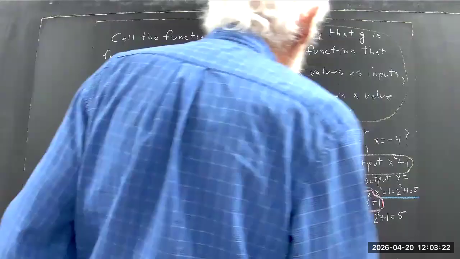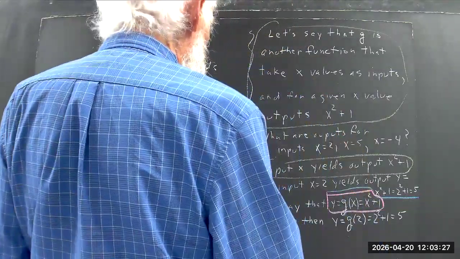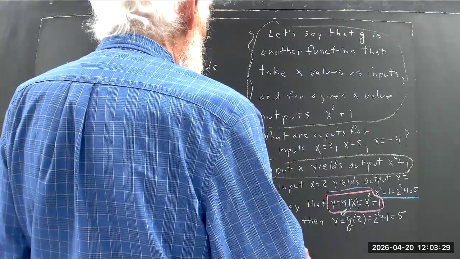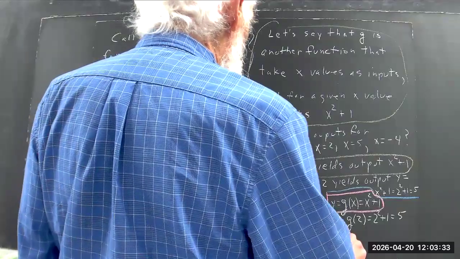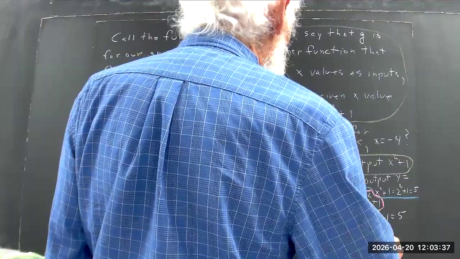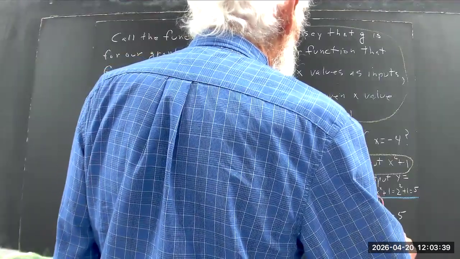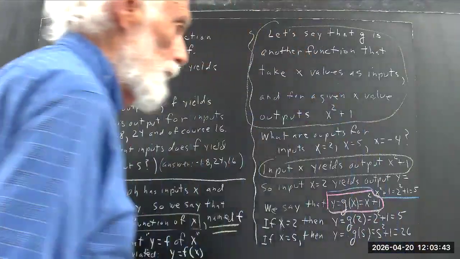And now that we have this, we can say, okay, now we want to find this for x equals 5. Well, if x equals 5, then y equals g of 5, which is 5 squared plus 1.